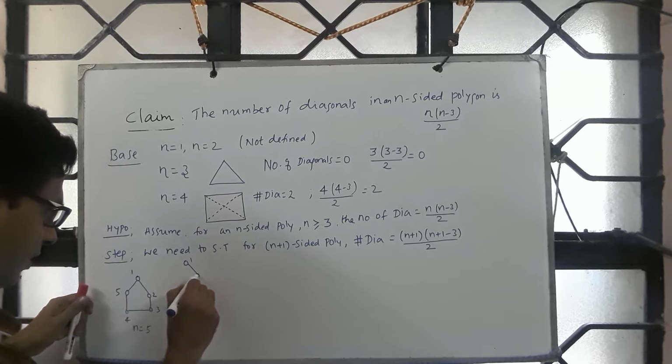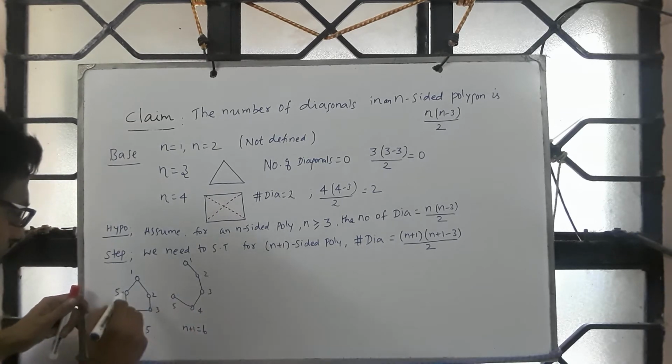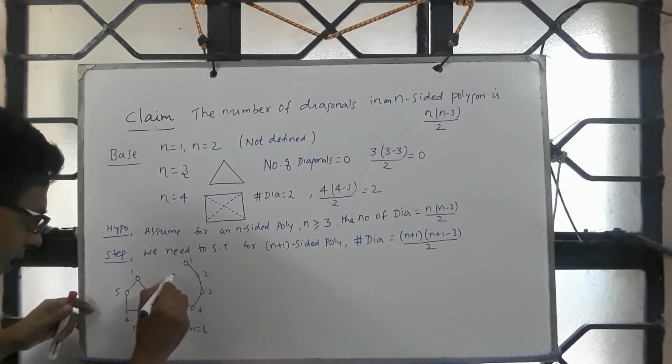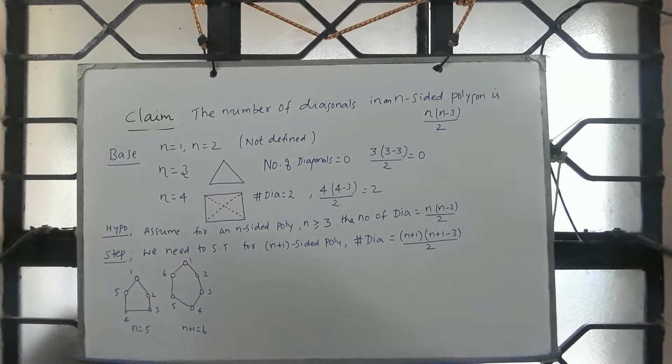So something like 1, 2, 3, 4, 5. Remember, then you are adding a sixth vertex, which is adjacent to 1 and 5. Then when you look at 7, you will add the 7th vertex which is adjacent to 1 and 6.